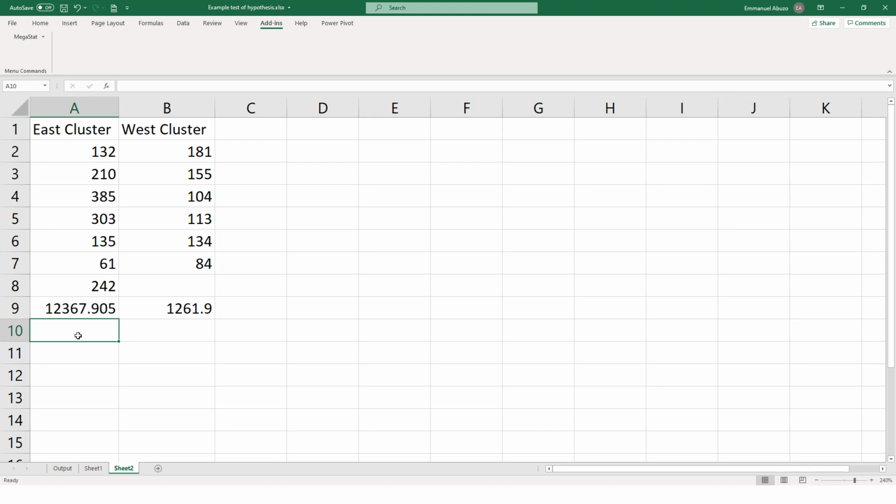Take note that in the F test, the numerator should be greater than the denominator. So in this case, we have the variance of the East cluster divided by the variance of the West cluster, which is equal to 9.80. Here we have 12,367.905, and here we have 1,261.90. Let's write that in our solution.